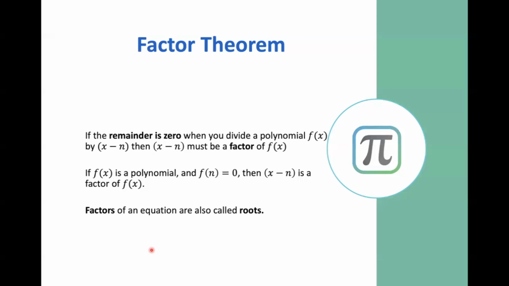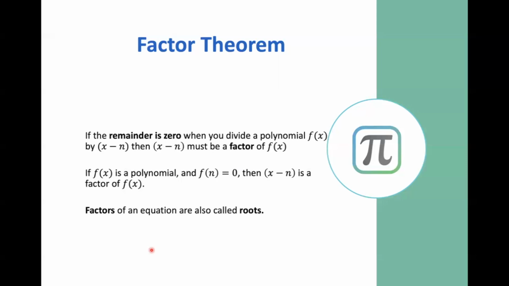If the remainder is 0 when you divide a polynomial f of x by x minus n, then x minus n must be a factor of f of x. And this means if f of x is a polynomial and f of n equals 0, then x minus n is a factor of f of x. And factors of an equation are also called roots of an equation.